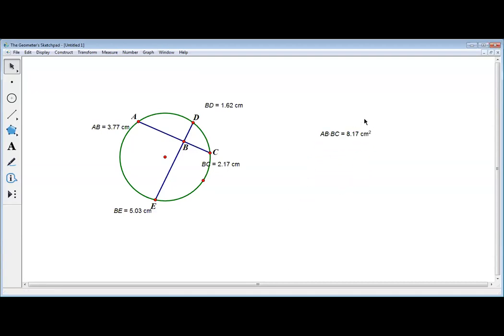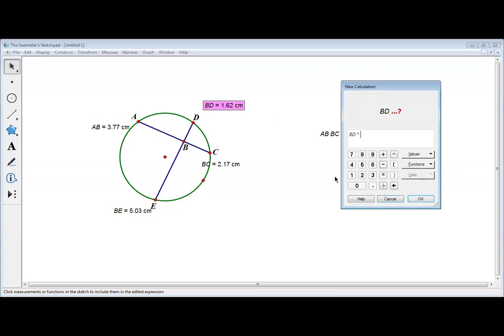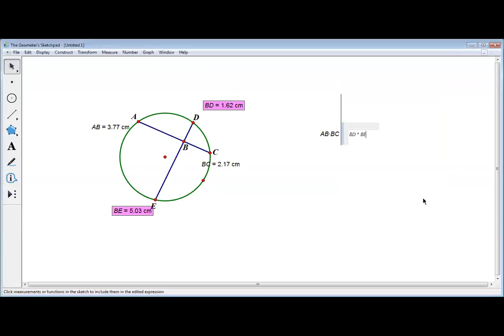So what do you think is going to be equal to 8.17? Well, 5 times 1.6, that's 8. That's really close. Let's try multiplying those 2 numbers. Oh, very nice. They are equal.